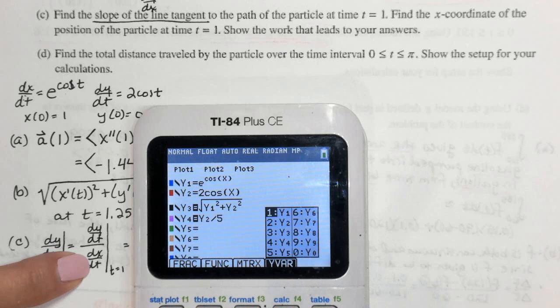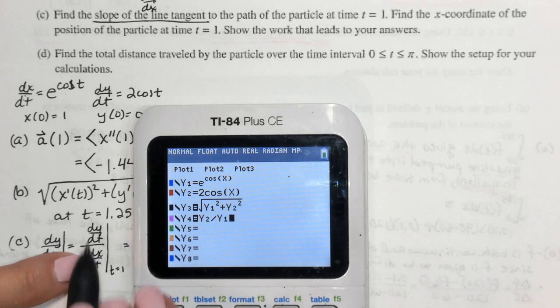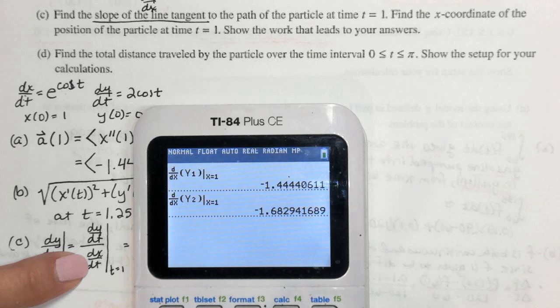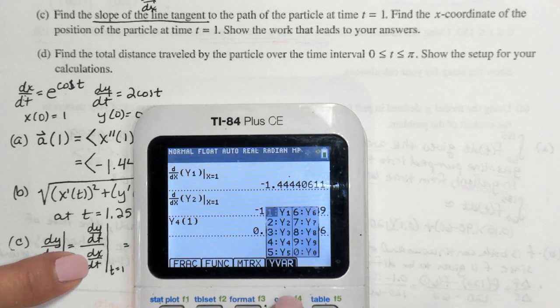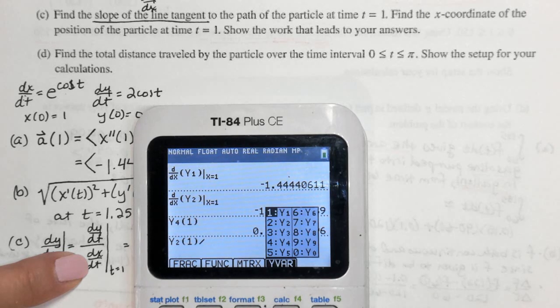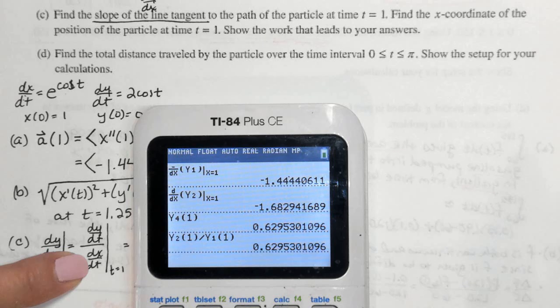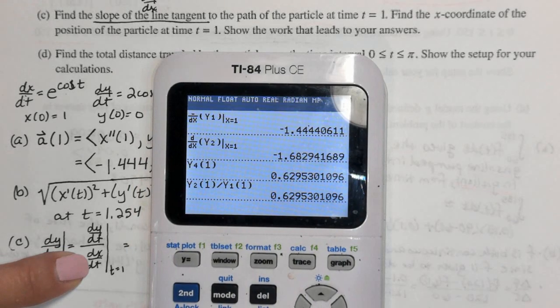So my slope is stored in for y4, and here I can just do y4 at 1. Of course, as an alternative, you could have just done y2 at time 1 divided by y1 at time 1.